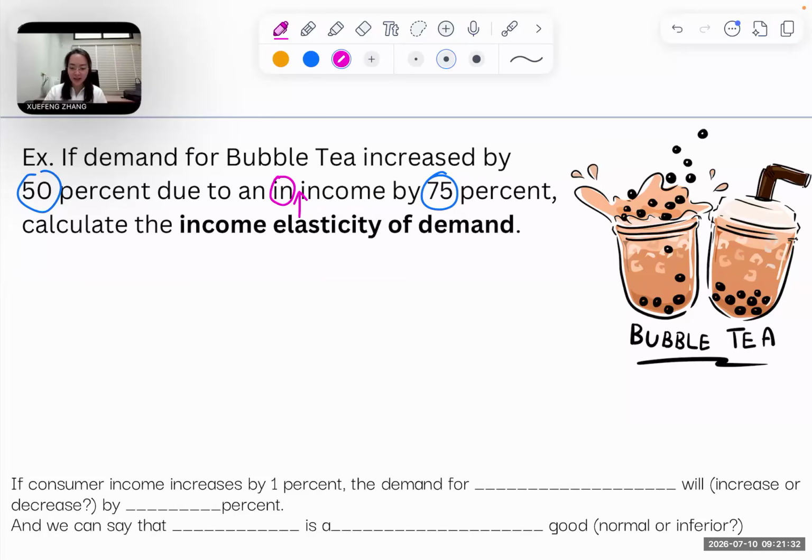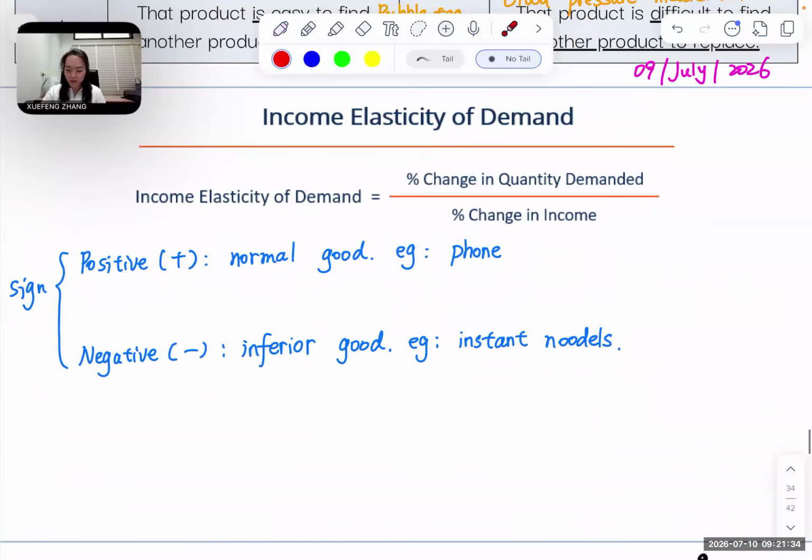Okay, same here. You need to know the formula. And let's use epsilon I to represent the income elasticity of demand.